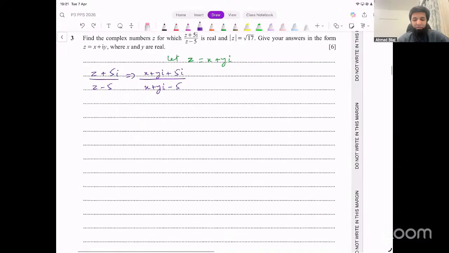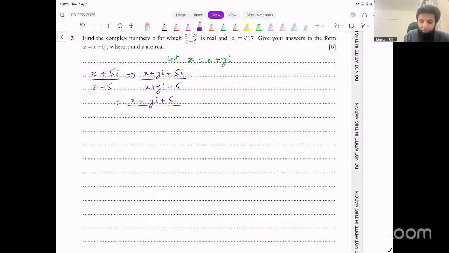When we have a complex number in the numerator and another complex number in the denominator, what's the process for that? We multiply and divide by the conjugate of the denominator, right? Now, first of all, before we do that, we can write the real parts together and imaginary parts together. In the numerator, the real part is x. Imaginary parts are both of these terms. So in the numerator, it's already arranged properly.